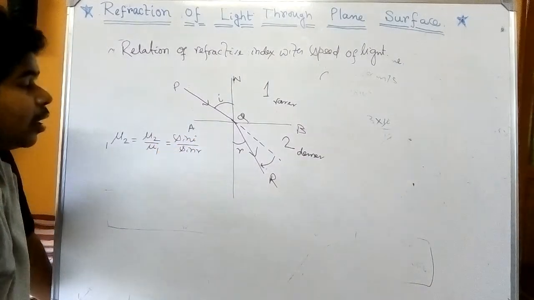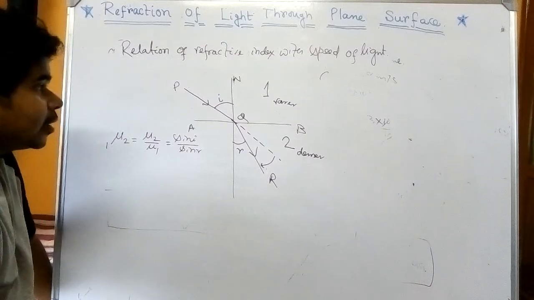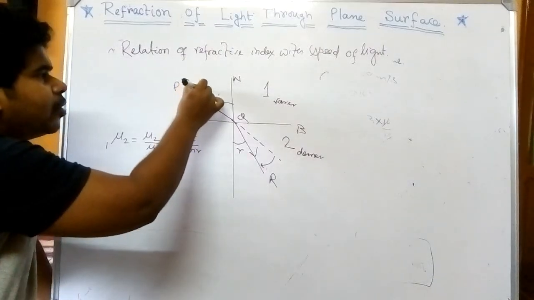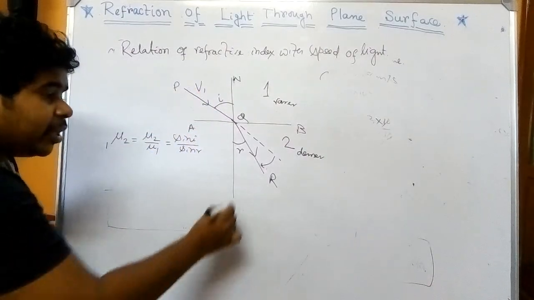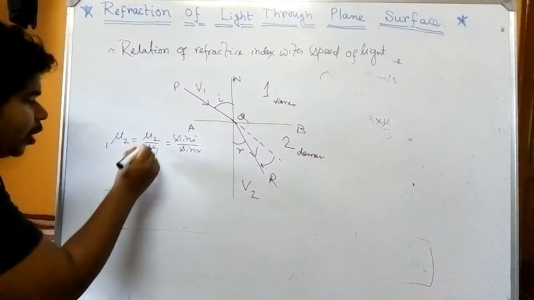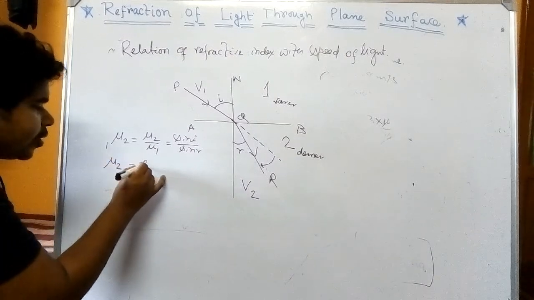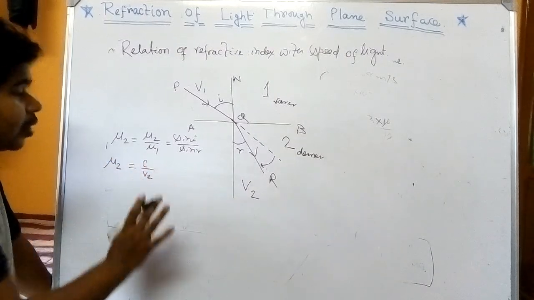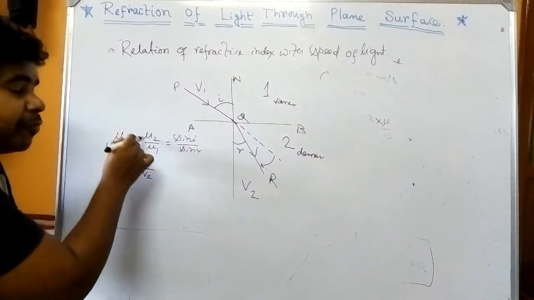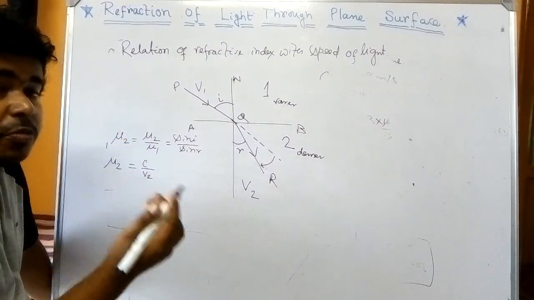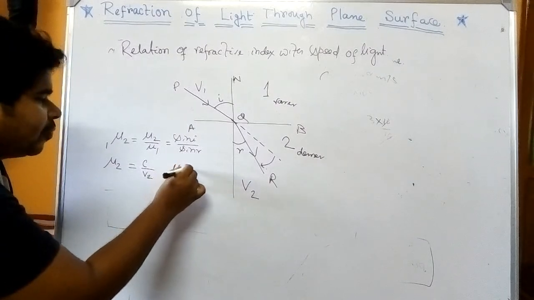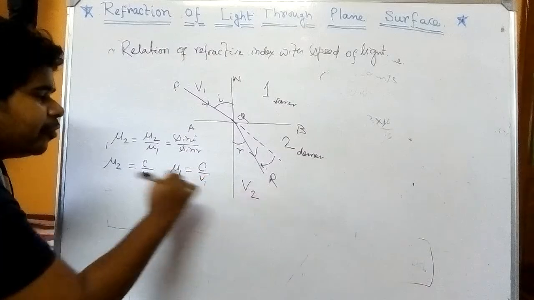Then let's see one another thing: what will be the speed of light in medium 1? Assume the speed of light is v1. In medium 2, the speed of light is v2. Then what should be the relation? We know μ2 equals c by v2. Whenever we write μ2 or μ1, that refractive index is calculated with respect to vacuum. So it should be c by v2. If I am talking about μ1, it can be written as c by v1.